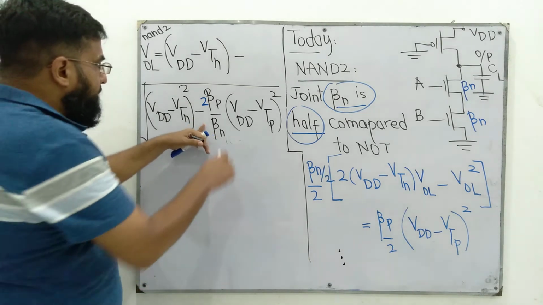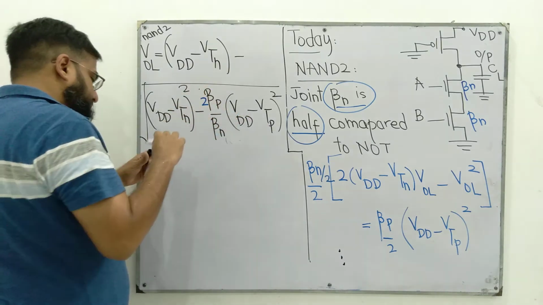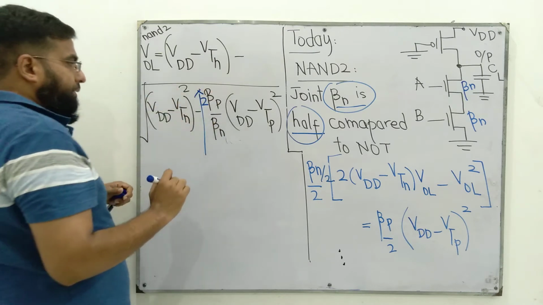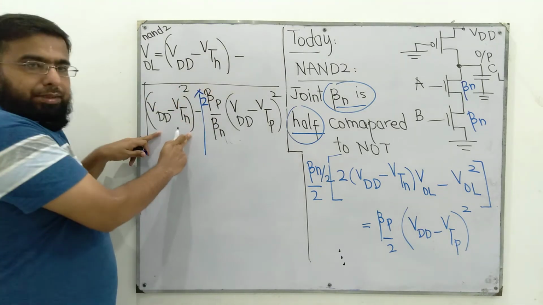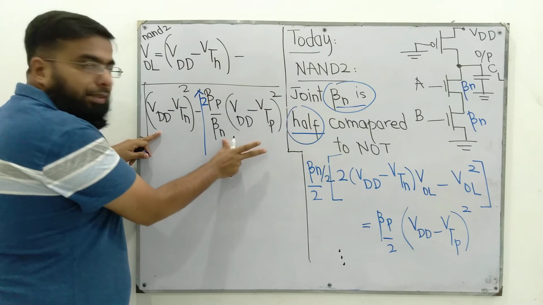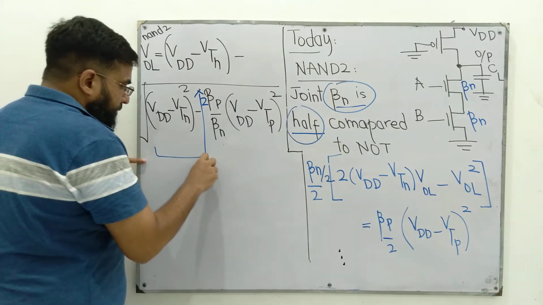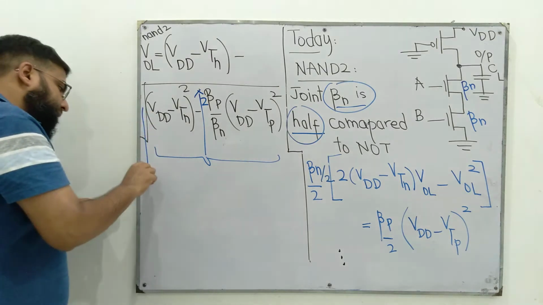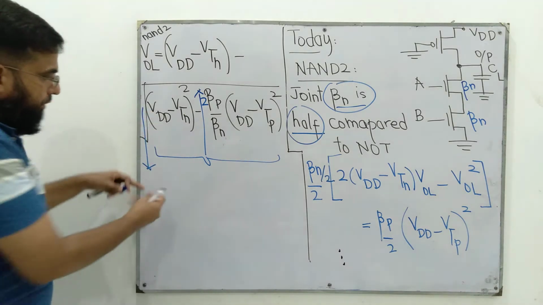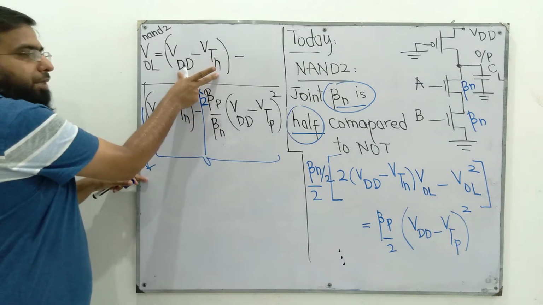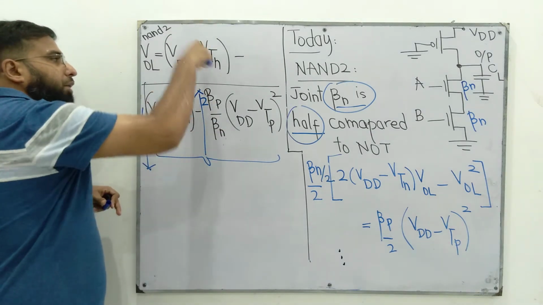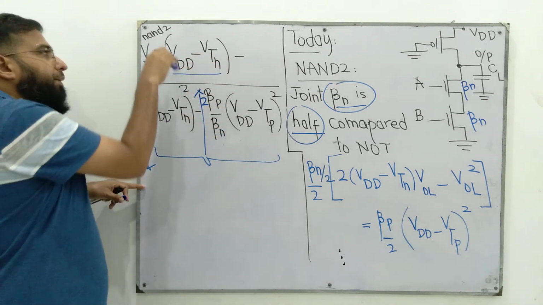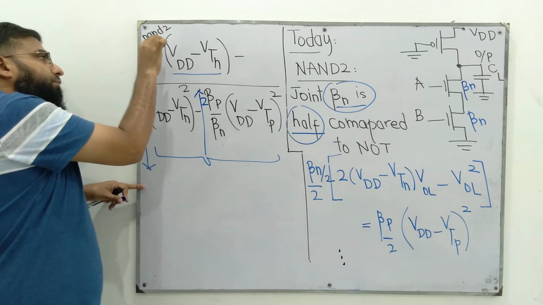This means this term is increased, this quantity is the same, so the quantity being subtracted is increased. This means the overall quantity under the square root would be decreased. If this quantity is decreased, the quantity being subtracted out of this is decreased. This means the net effect would be increased, so VOL would be increased.